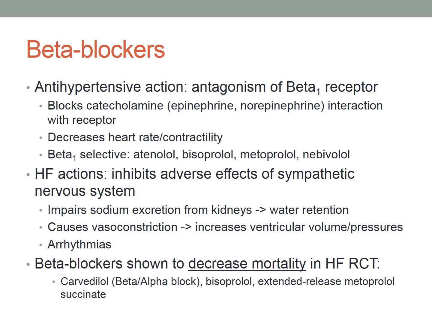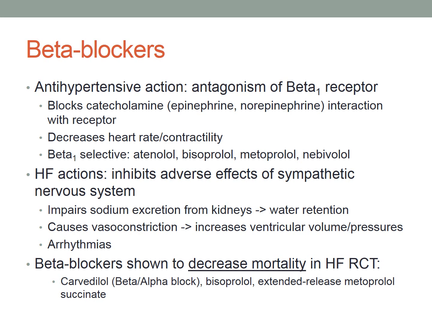So as I mentioned in a previous slide, not all beta blockers are created equal. Beta blockers vary based on how they interact with the various beta receptors in the body. And also there are some beta blockers that have affinity for alpha receptors as well.